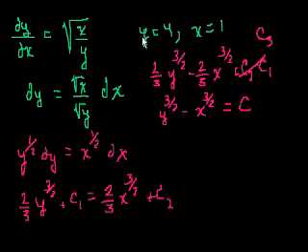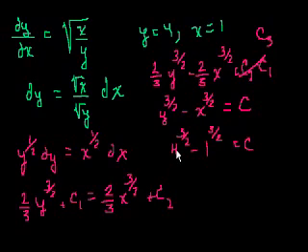And now let's use our initial conditions. So the initial conditions tell us that 4, and they don't have to be initial conditions. You can just kind of say conditions or points where we know that the function, the particular solution to this differential equation, are satisfied. So 4 to the 3/2 minus 1 to the 3/2 is equal to c.